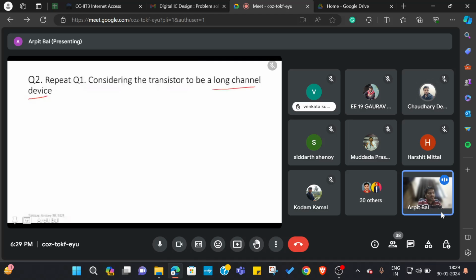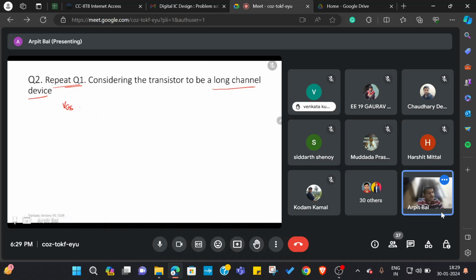Okay, so we have to repeat question 1, considering the transistor to be a long channel device. If we are considering the transistor to be a long channel device, we have only two variables now, VGS and VDS. We are not concerned about the VDSAT for the time being.